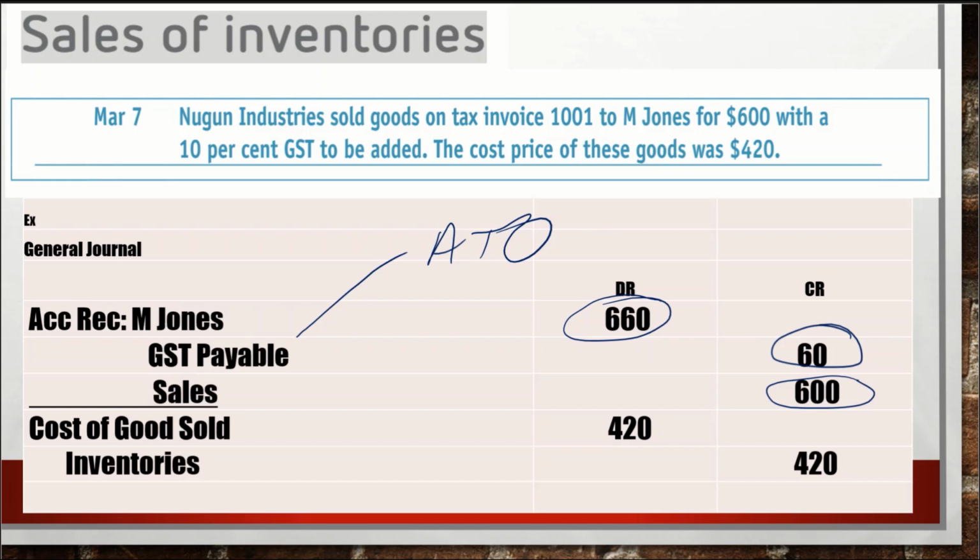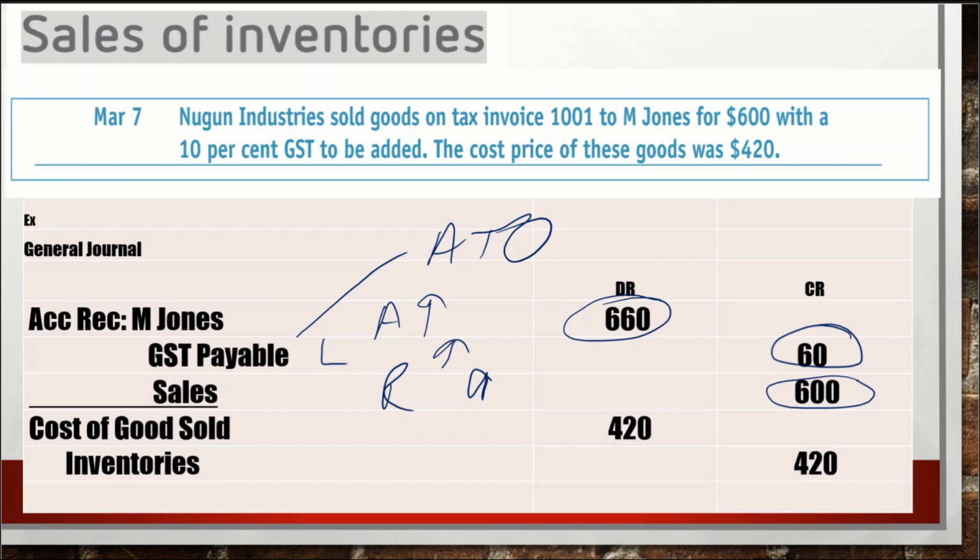So I use the account GST payable. In lots of cases, some businesses just use a GST clearing account, where they combine the GST receivable and payable. Some textbooks also refer to this as GST collected. Sales is a revenue. The nature of revenue is credit. And that's why I credit sales, I credit my liability, and I debit my asset, because all of them increased.